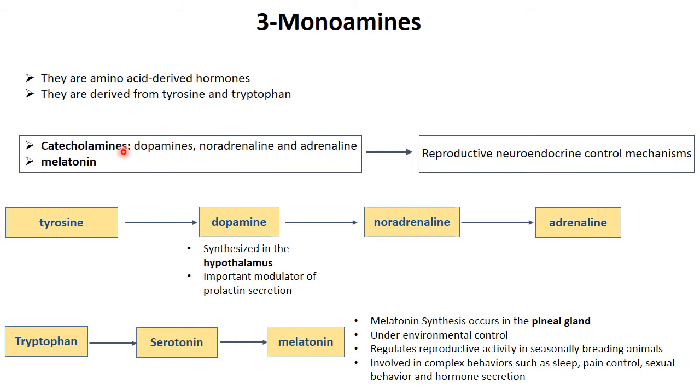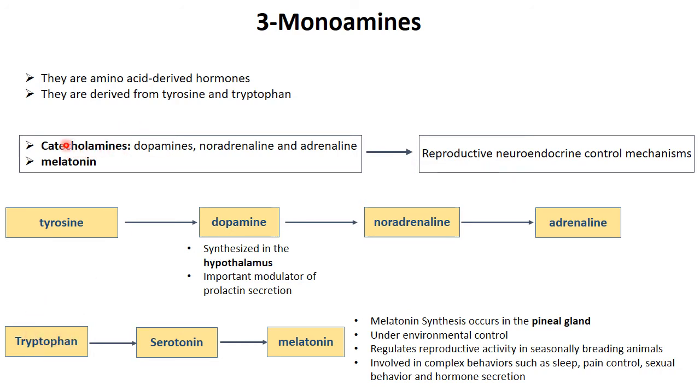The catecholamines have tyrosine as a precursor, and melatonin and serotonin have tryptophan as the amino acid precursor.